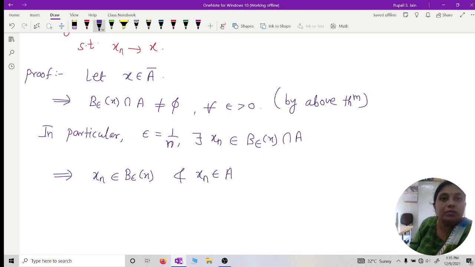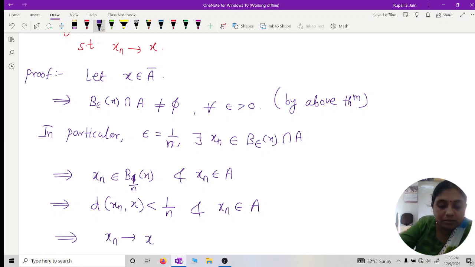So the distance between xn and X is less than epsilon, which is nothing but 1 by n. It's less than 1 by n and xn belongs to A. So what does this give me? This implies xn converges to X.